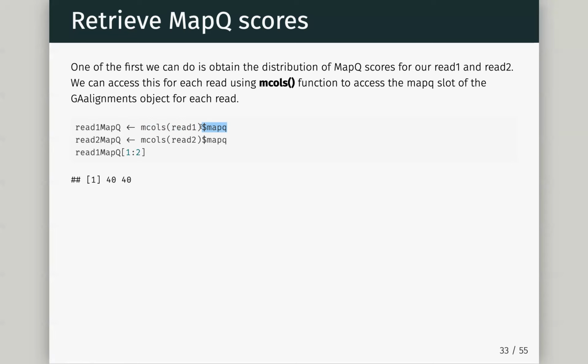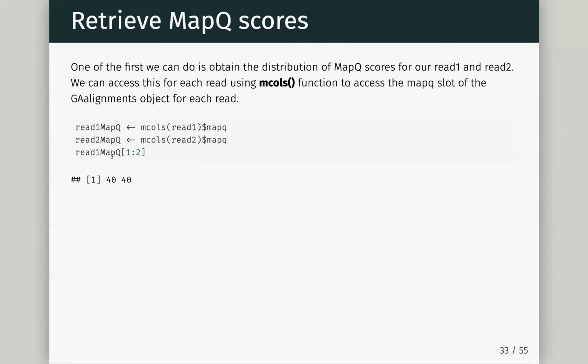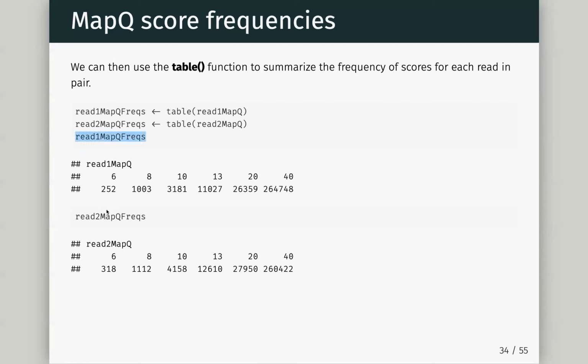I do that for each read separately, and I can just look, and we can see we have 40, 40. This is the top score we can get for Subread. And then I can use our table function just to summarize how often we see values in our list. I'll give it the result from here, and I can see that 40 being a good score, most of our reads are 40, and then that drops off. Same for read 2.